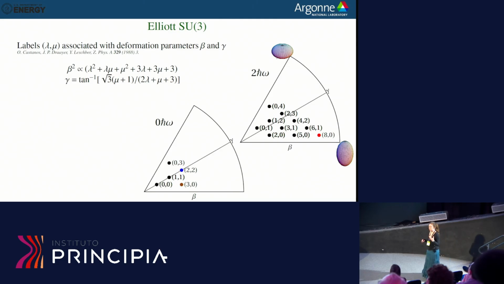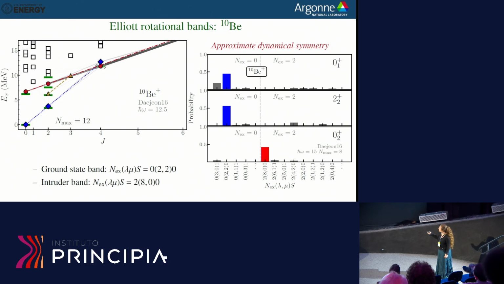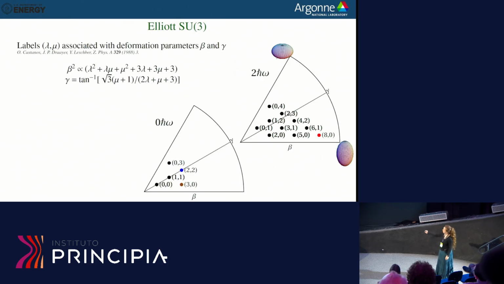But it does give you an intuitive picture to map onto in terms of what we're seeing. So for beryllium-10, there are different SU3 symmetries that show up in your hbar omega N excitation equals 0 space, and in your Nx equals 2 space.